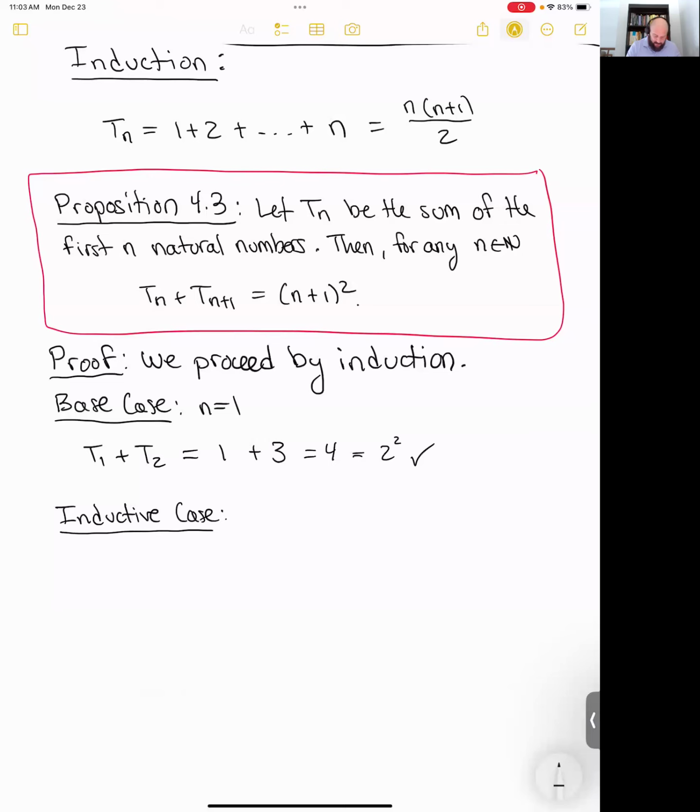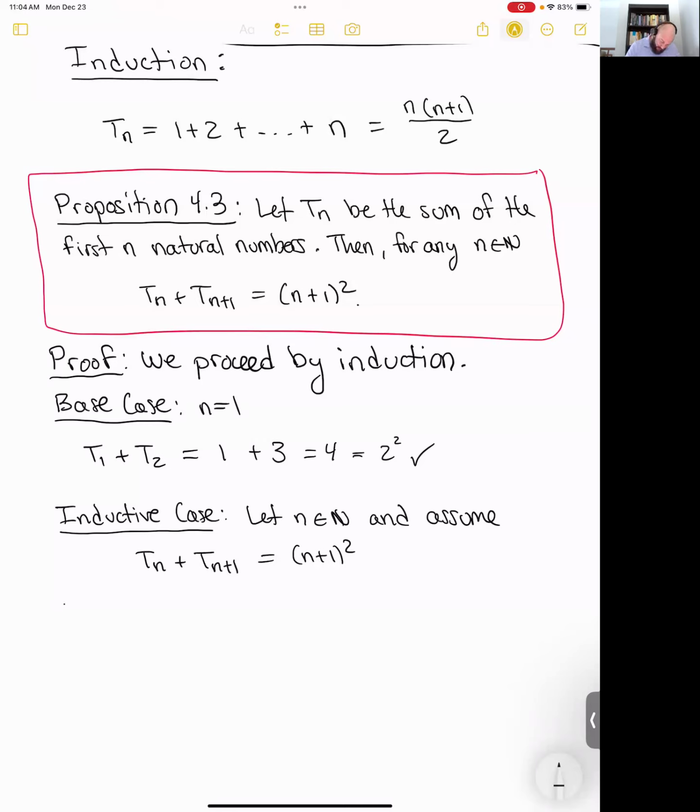Okay, so the inductive case: let n be a natural number and assume that T_n plus T_{n+1} equals (n+1) squared.